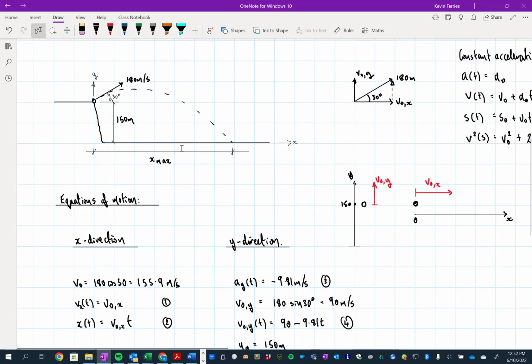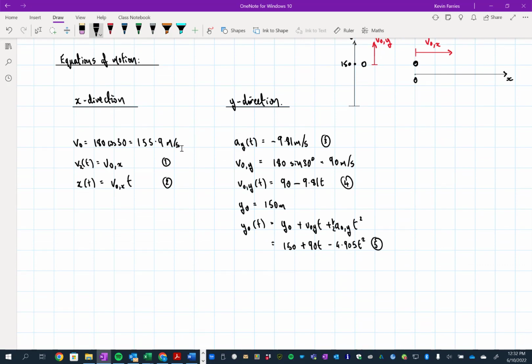And if we wanted that for here, our displacement is just the y, so we'd have v squared y is equal to v naught squared, which would be 90 squared, and it's negative acceleration, negative 2 times 9.81 times y minus y naught.